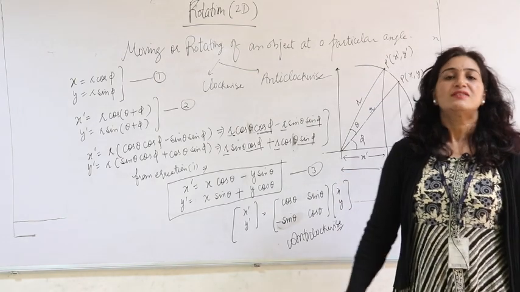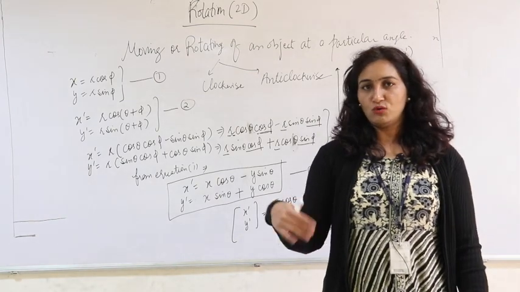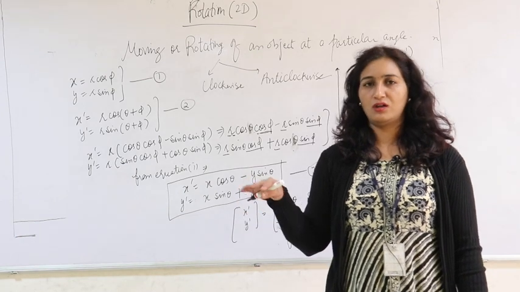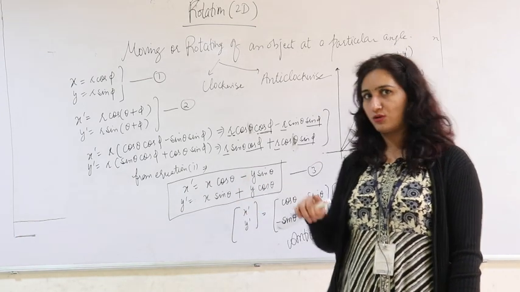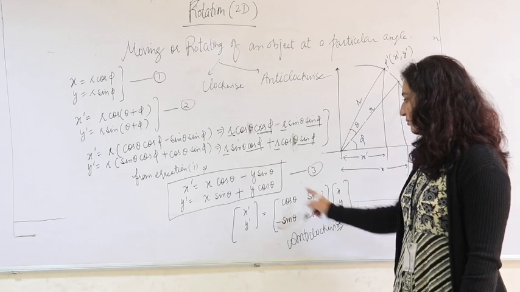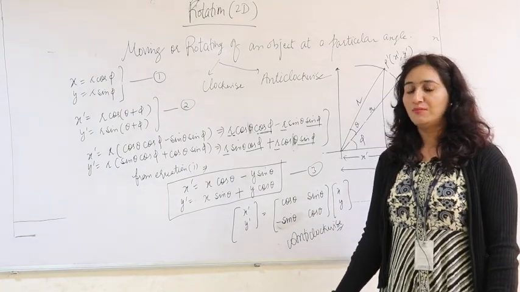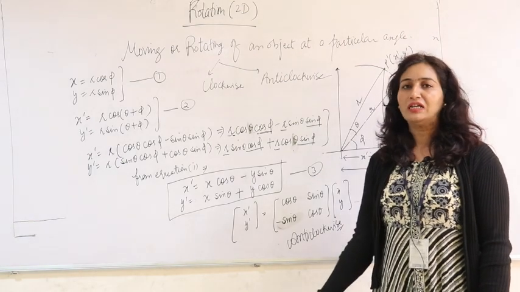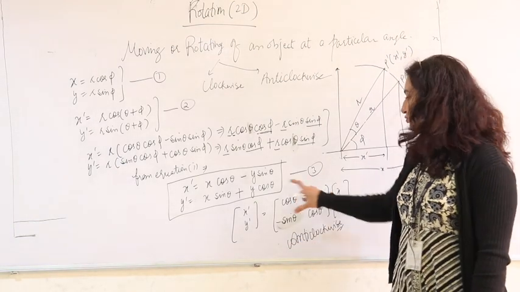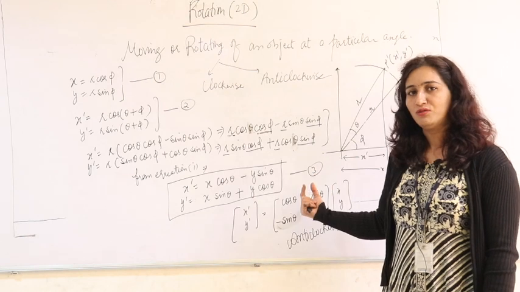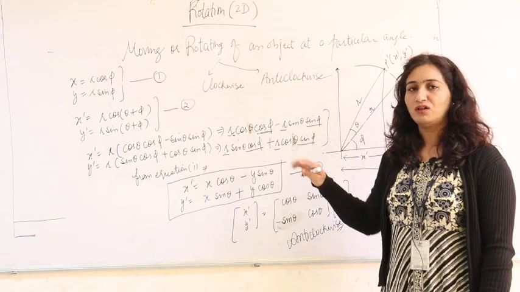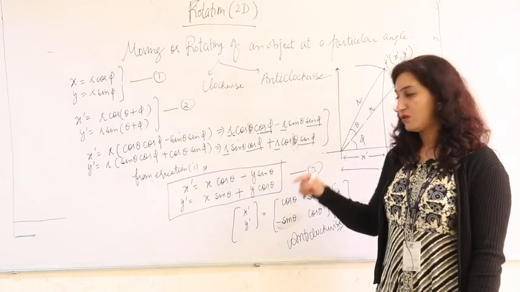Clear. Similarly, suppose you derive in the clockwise rotation, what will be the change in the matrices? Suppose a question comes in the exam to rotate an object anti-clockwise, then you use this equation. If the question asks you to rotate an object clockwise, what will be the change?